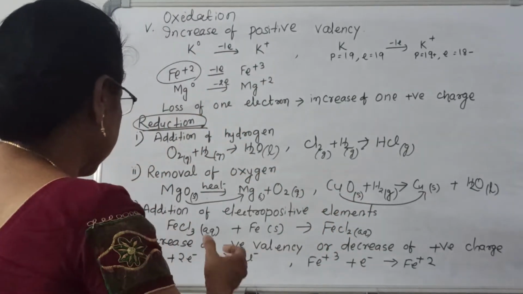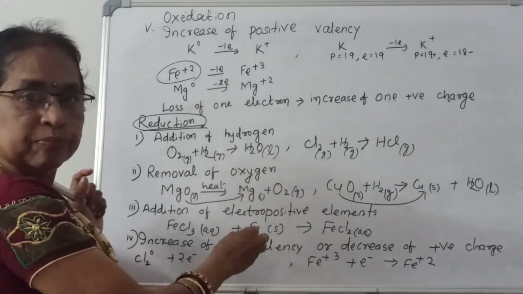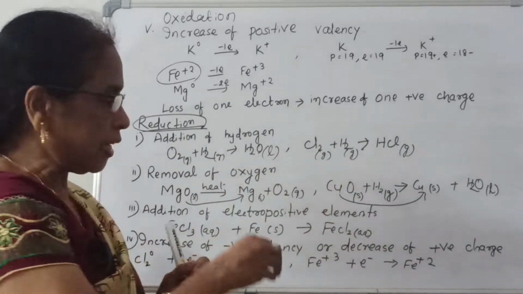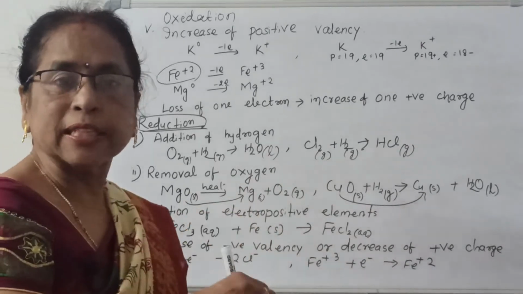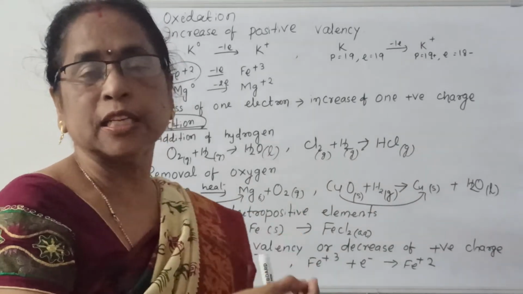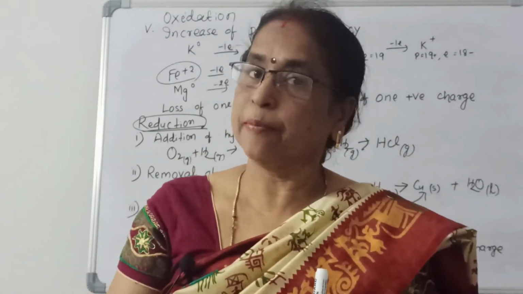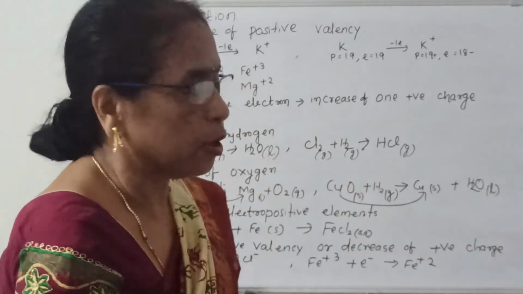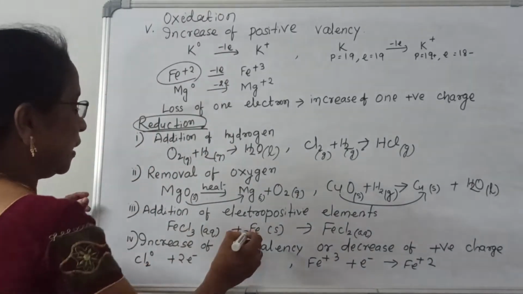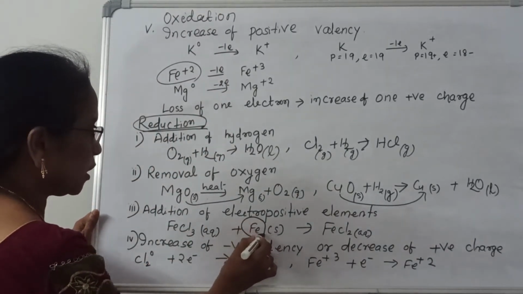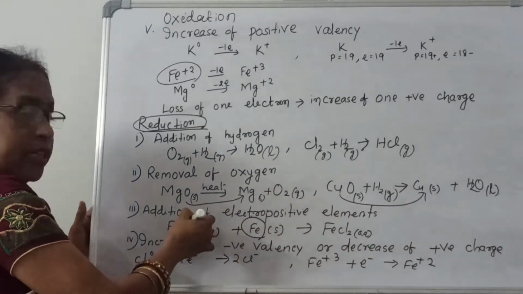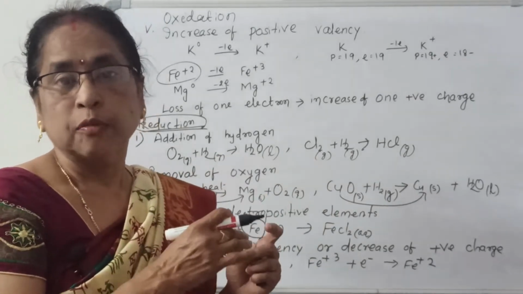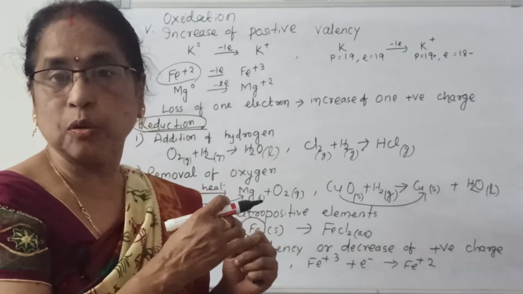Similarly, here you are adding iron because iron is a metal, though it does not belong to the second group, it is a transition metal. Any metal is an electropositive element because it can lose electrons easily and form a positive ion. That is why this is one case of an electropositive element. When it is added to aqueous FeCl3, that means the solution of ferric chloride, which is light yellow in color.